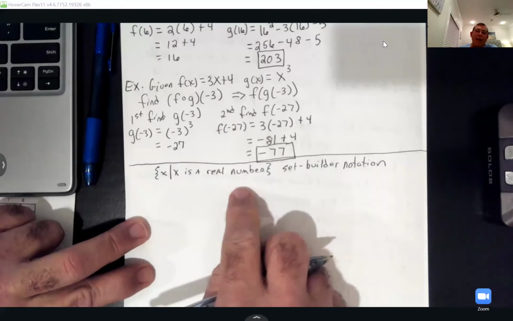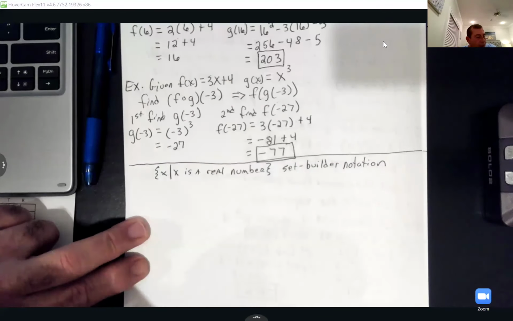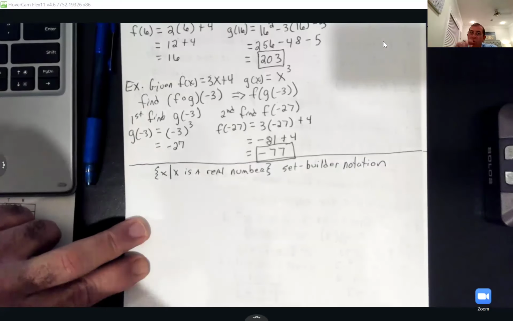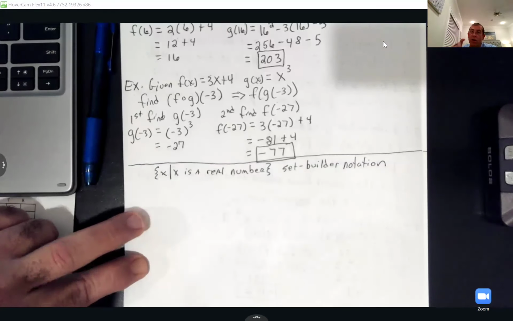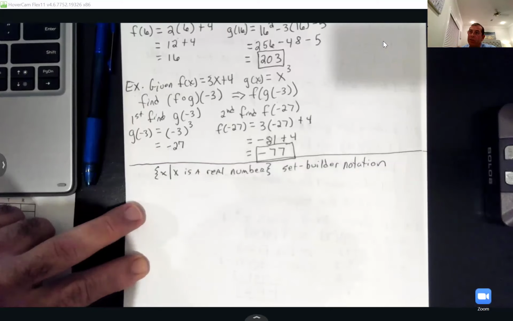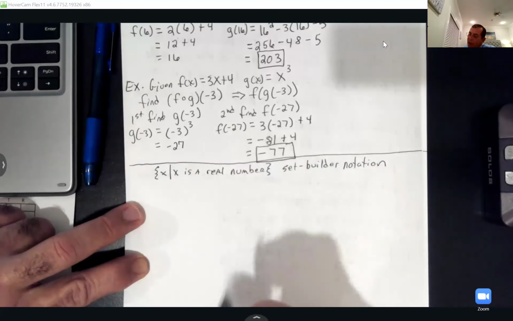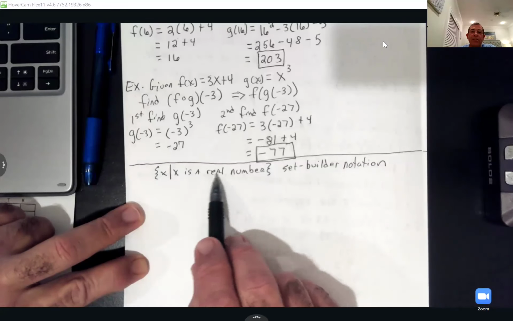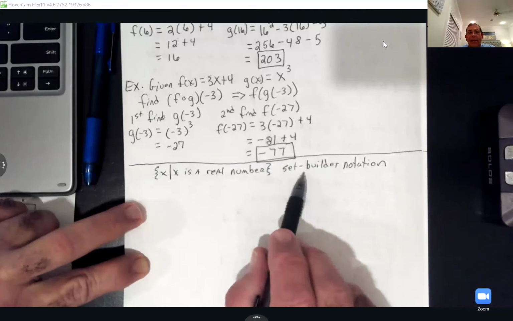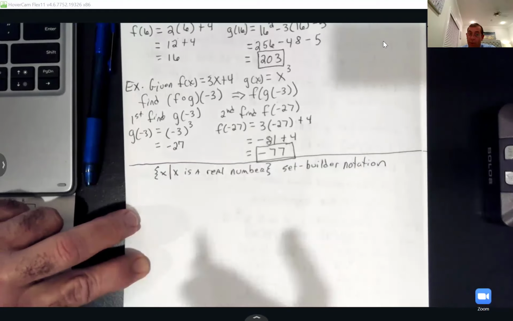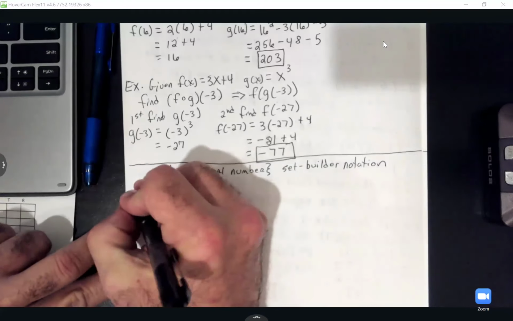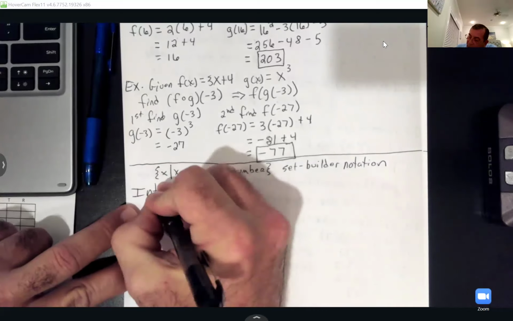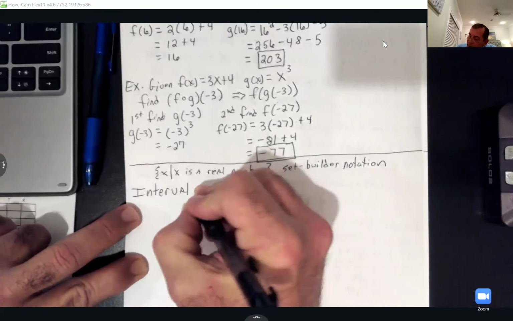But it's sort of long writing out all these words. So we're going to look at another way to represent our domain for all real numbers and how to kick out a number. Because remember here, if I wanted to exclude a number, I had to say x is a real number and x cannot equal 5, 6, or whatever. Right. So y'all, I'm going to show y'all what we call interval notation.